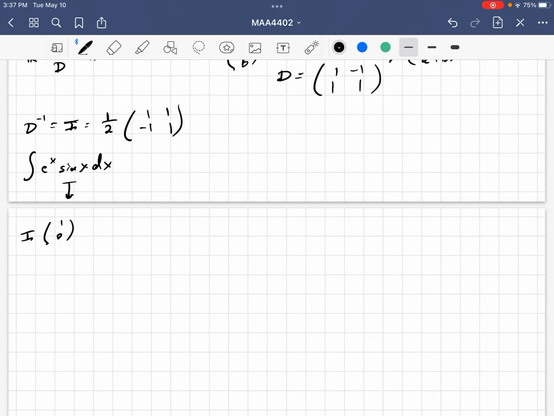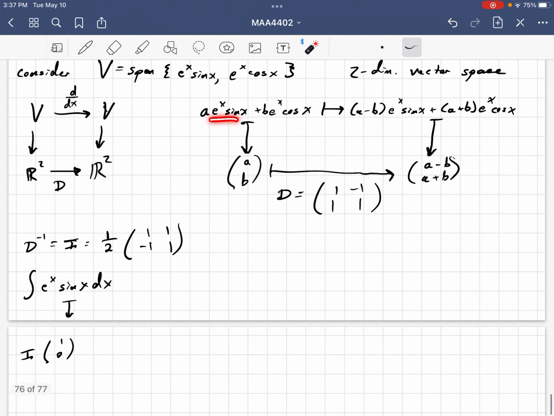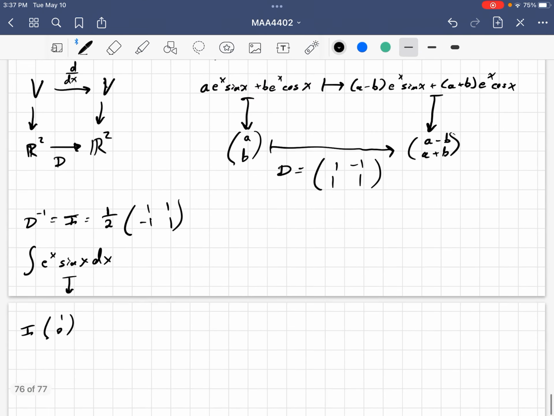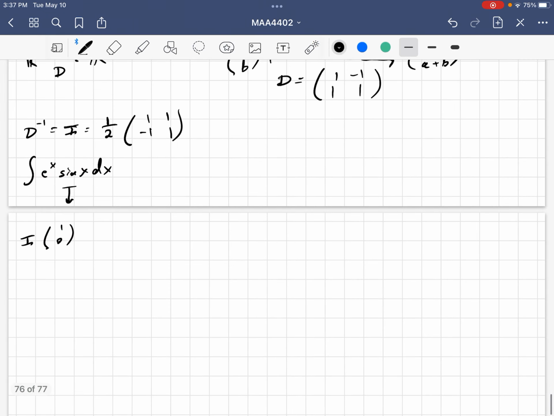And it's times 1, 0 because, like I said before, e to the x sine x is playing the role of i hat here, and e to the x cosine x is playing the role of j hat there. And we just have e to the x sine x, so that's i hat, 1, 0. So we have a half times 1, 1 minus 1, 1 times i hat 1, 0, which is a half times 1 minus 1. It's just some matrix multiplication.